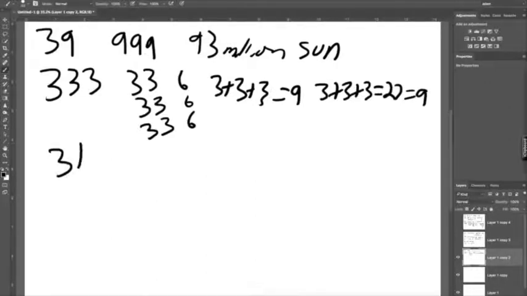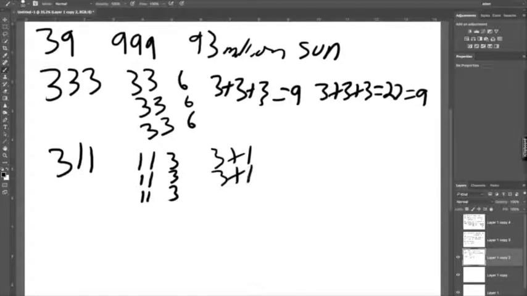Don't forget 3 11s, right? Which is 333. So we have that. Plus 3 times 1 and 3 times 1 is 33.